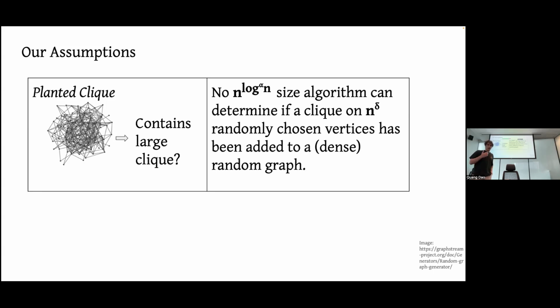And we're assuming that no n to the log n to the alpha size algorithm can solve this problem. This is mild in the sense that we can take alpha to be an arbitrarily small constant. So for example, alpha equals 0.01 would be perfectly fine for our use case. And as I'll discuss later, this exact conjecture, and even stronger conjectures, have already appeared in the hardness of approximation literature.